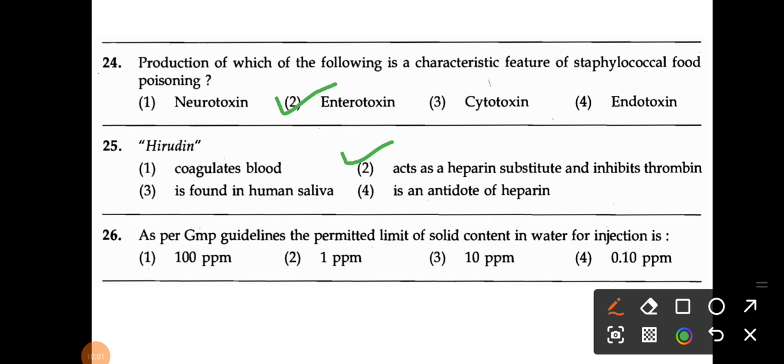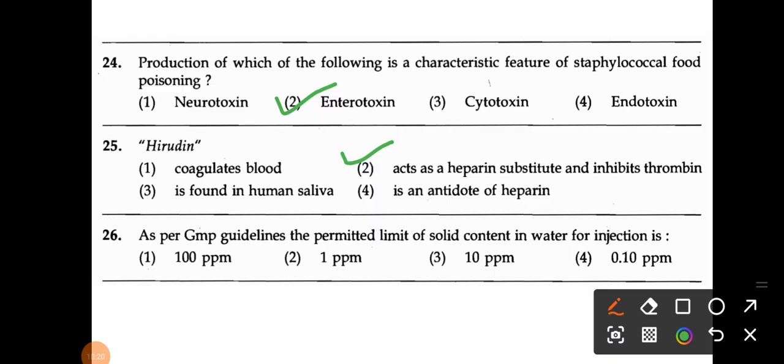Definitely it is found in saliva, but not human saliva; it is found in the saliva of leech. And is it an antidote of heparin? No. What is the antidote of heparin? That is protamine sulfate. So that's why option number 2 is correct for question number 25.